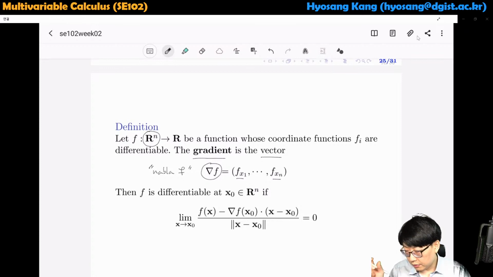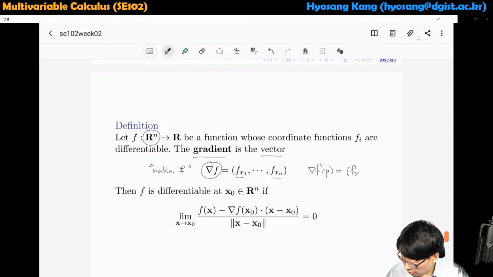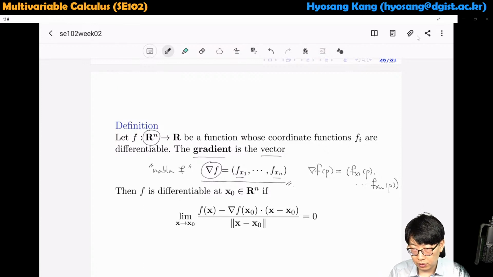So if you want the gradient at a specific point, which means I want the specific vector at that point, then you simply take the partial derivatives at that point. Then you get the specific vector. In this notation, what it really means is the vector field, because we didn't specify the point to define a vector yet.